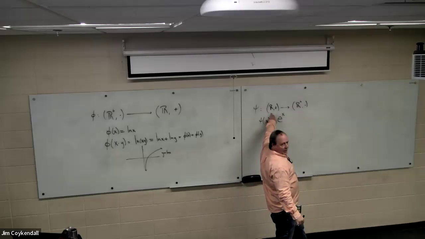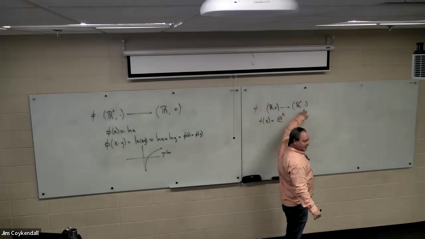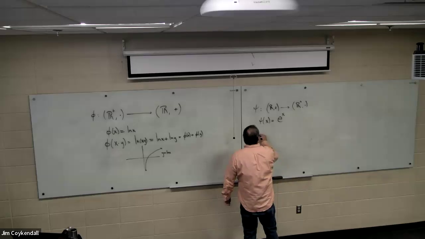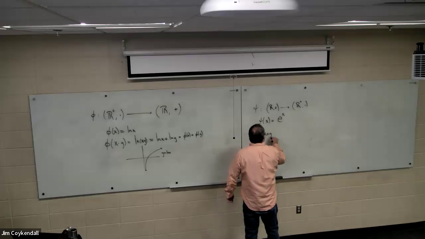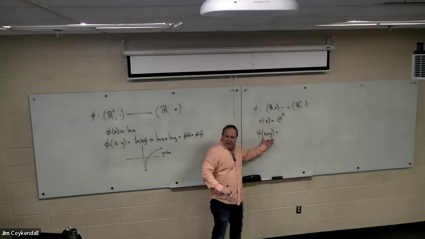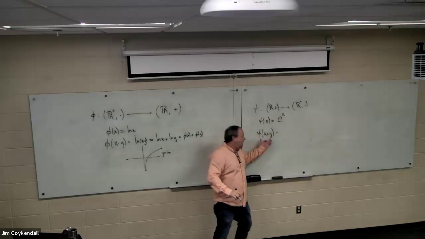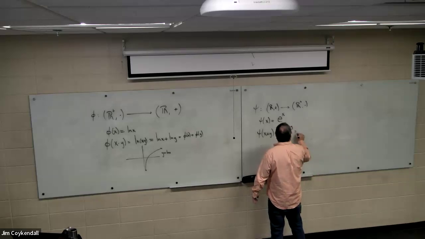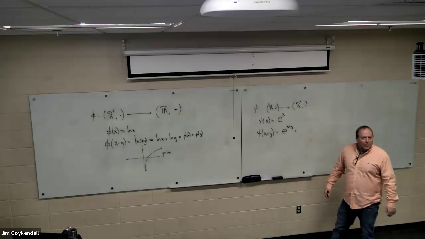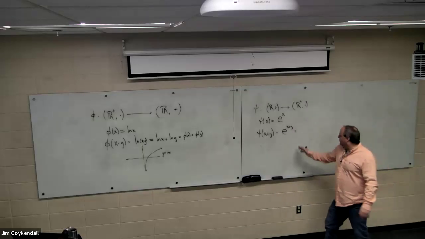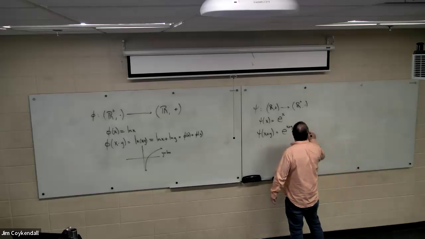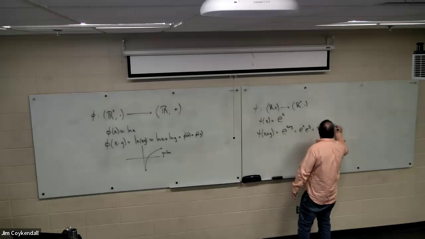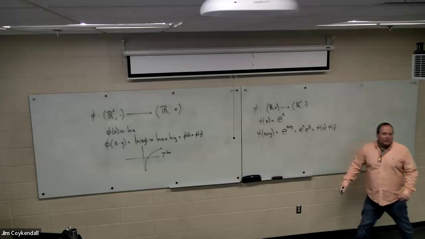This takes all the reals under addition and maps it to all the reals under multiplication. Notice that we respect the operation. In R the operation is addition. Phi of x plus y is e to the x plus y. And what do we know about our rules of exponents? This is e to the x times e to the y. And this is phi of x times phi of y. And we have our new multiplication operation over here.